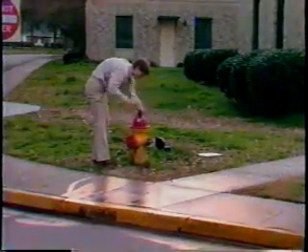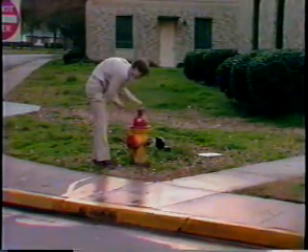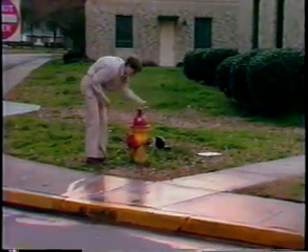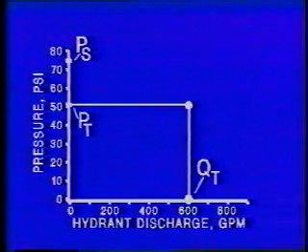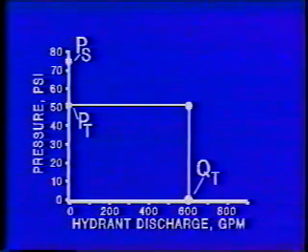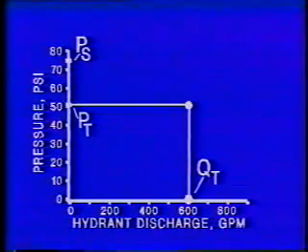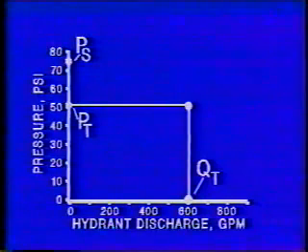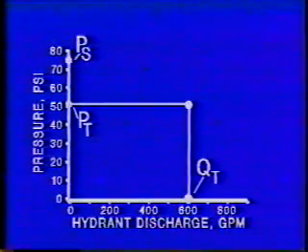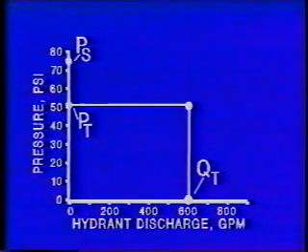Now, what do you do with the data once you've run the hydrant flow test? Well, what you have from the test are really just 2 points. You have the pressure corresponding to zero hydrant discharge and the pressure corresponding to some known discharge Q sub T. In this case, the static pressure is 75 psi and the test pressure for a hydrant discharge of 600 gallons per minute is 50 psi.